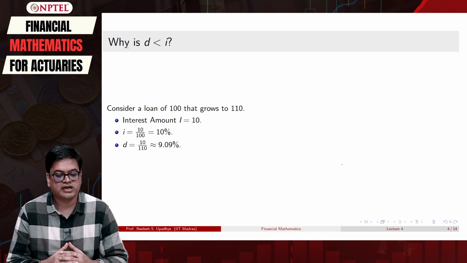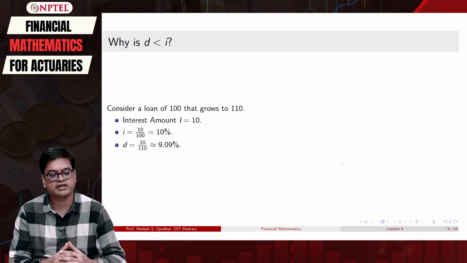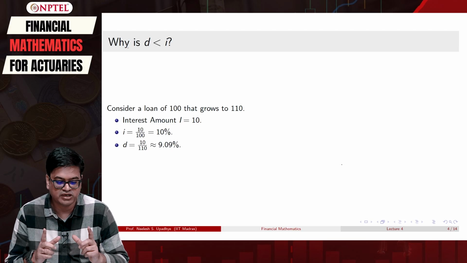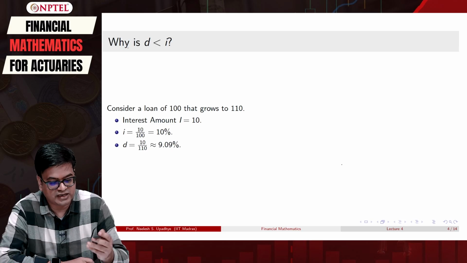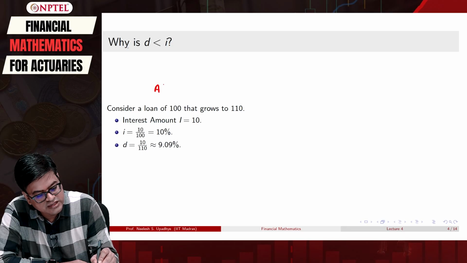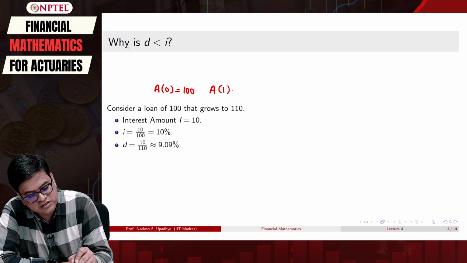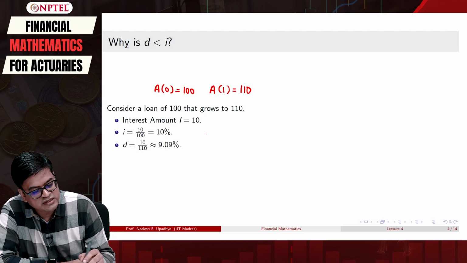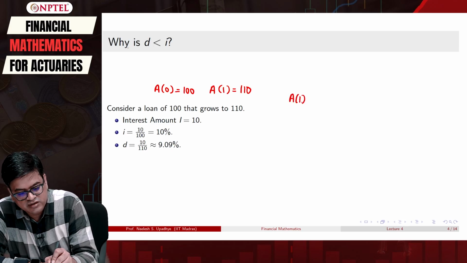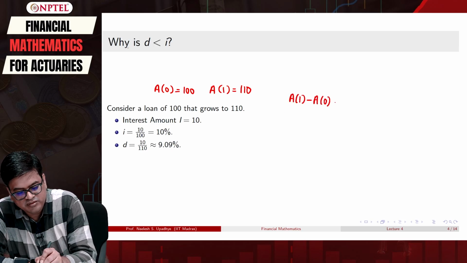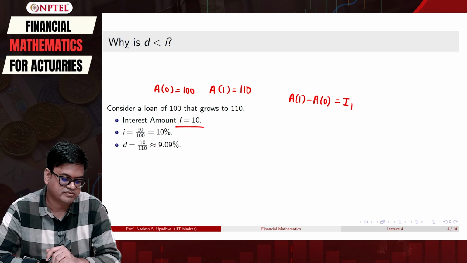So if you have taken a loan that grows to 110, that means the interest amount is A1 minus A0, when I am referring to capital A. So here A0 is equal to 100, A1 is equal to 110, and I am referring to the difference between these two, which is A1 minus A0, that by definition is I1, and that I1 is 10, correct.